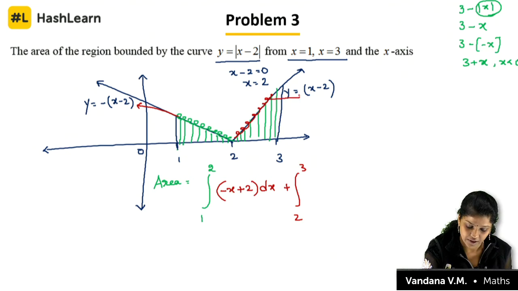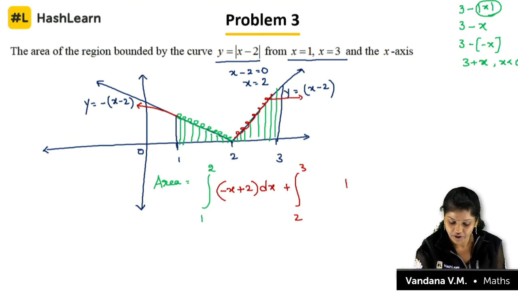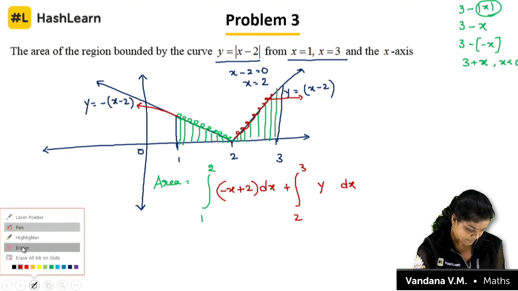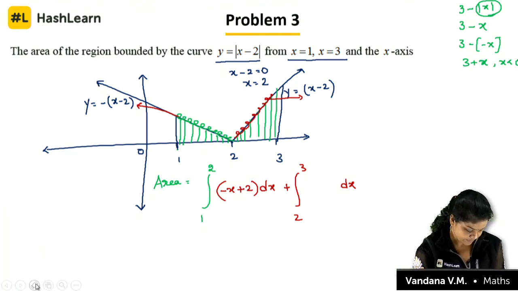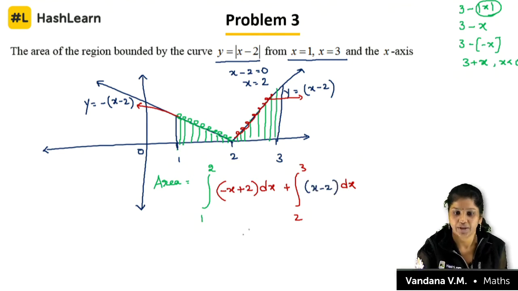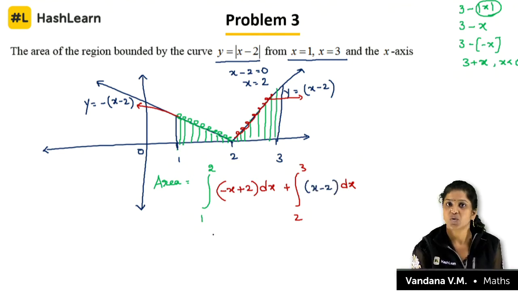Which limits are these? X limits, I forgot to say. So dx will come. If dx is coming, y will come. What is y over there? The y is x minus 2 into dx. Now so simple to integrate and substitute the values.